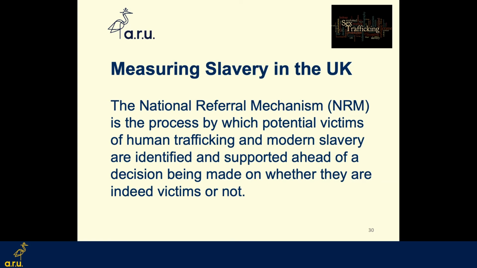But I've now asked over 500 social workers officially how many of them know what the NRM is, and only around 2% could actually tell me what the National Referral Mechanism was. So if our social workers or police officers don't even know what the National Referral Mechanism is, how are they meant to use it? And again, that is not their fault. This problem lies with the local authorities and central government.